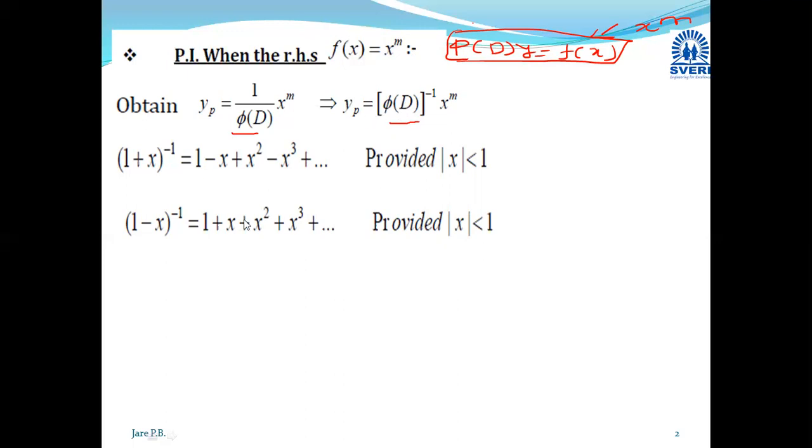After this, there is one more general formula, the binomial theorem. (1 plus x) raised to n equals 1 plus nx plus n into (n minus 1) divided by 2 factorial x square plus n into (n minus 1) into (n minus 2) divided by 3 factorial x cube plus so on.